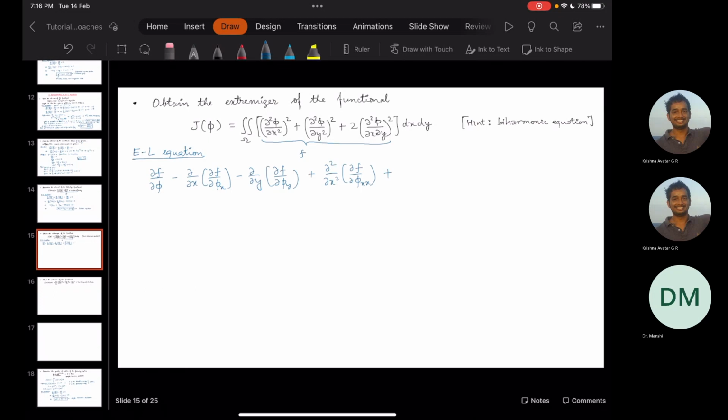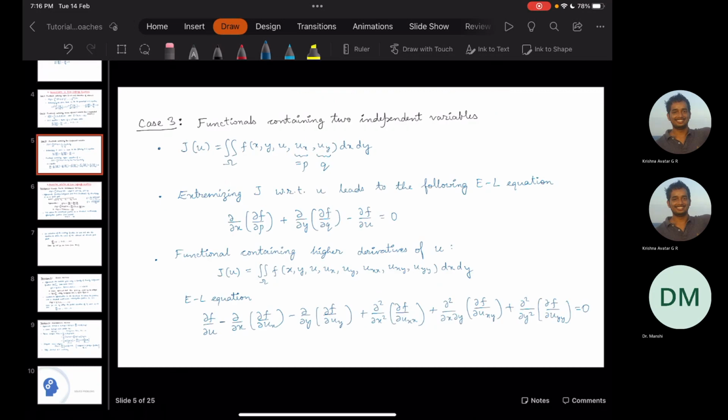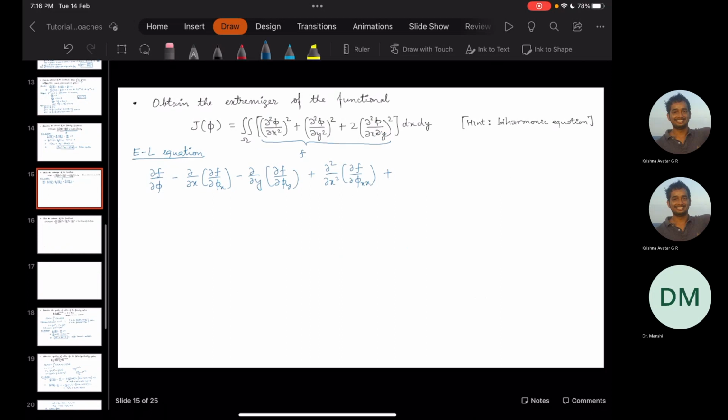Let me just verify it. Yeah, it's a single derivative, fine. Plus dou square by dou y square.